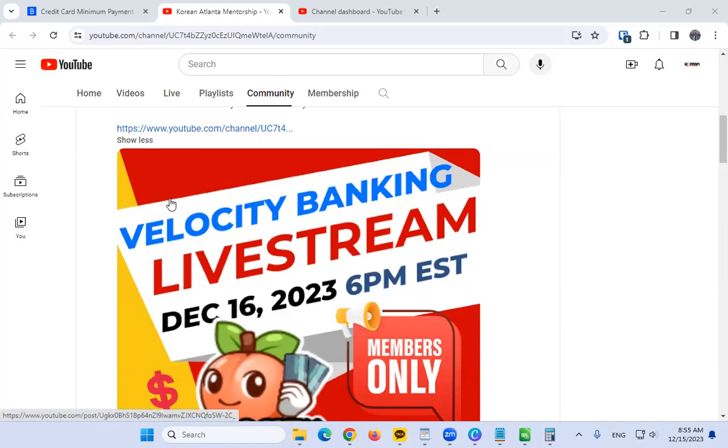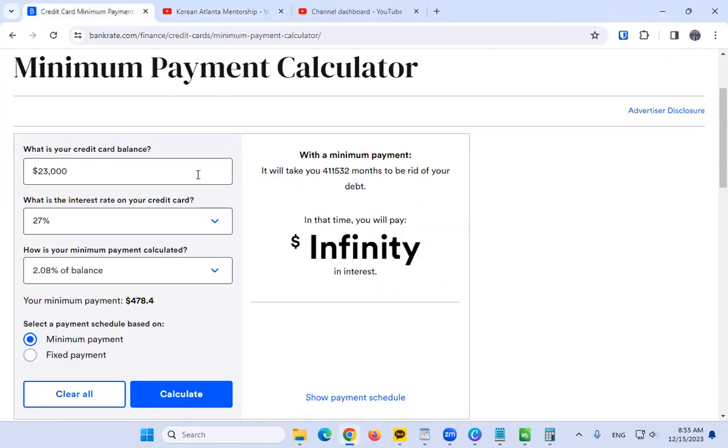Now, for today's topic, we're going to do velocity banking with credit cards, right? And so here we have this website, Bankrate. They have this minimum payment calculator. So if you're trying to run through a hypothetical scenario, sometimes I go through ChatGPT. ChatGPT gives me nonsense.